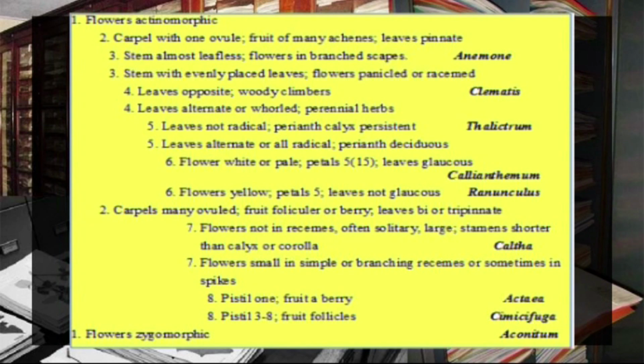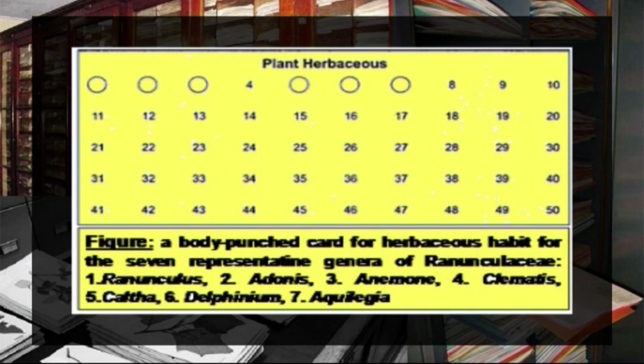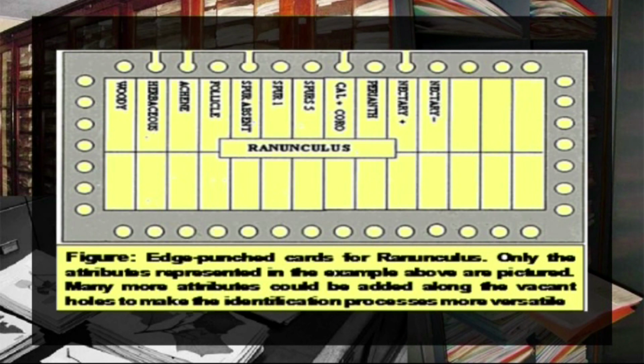Various types of keys and key formats are used in plant identification, such as single access, sequential or dichotomous keys, which include indented keys and bracketed keys, also numbered keys, and multi-access keys or polyclaves, which include body punctured cards, edge punctured cards, and tabular keys, and also interactive keys, which are computer-based multi-access keys. The single access or dichotomous keys have been the most popularly used devices in identification of plants for more than 200 years.